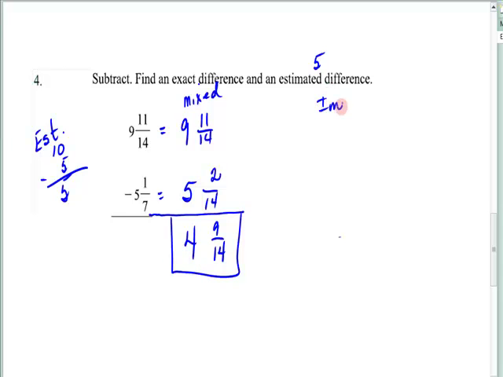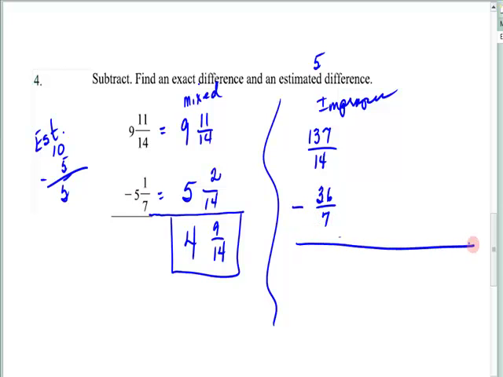If I decide to do it as improper, I'm going to have to take this first fraction and say 14 times 9 plus 11 gives me 137 over 14. And I'm going to subtract 7 times 5 is 35 plus 1 is 36 over 7. But I don't have a common denominator.